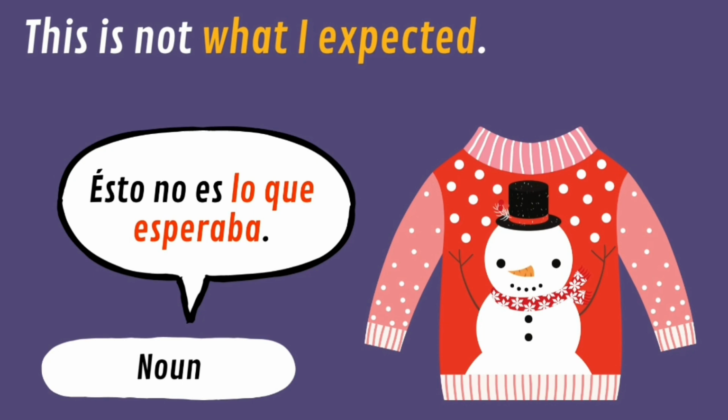Esto no es lo que yo, this is not what yo expected. Remember in Spanish, you can omit the personal pronoun and just say, esto no es lo que esperaba. Here we are talking about a noun. This is not what I expected. Esto no es lo que esperaba.